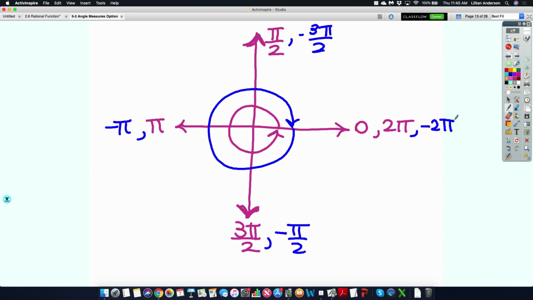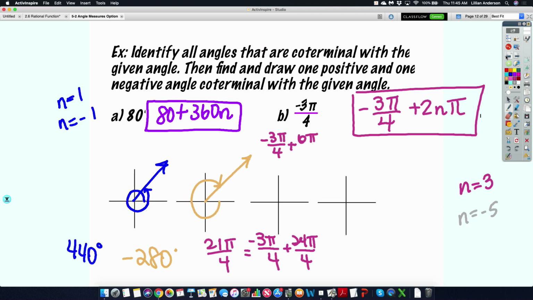So, negative 3 pi over 4 is in between what numbers? Negative pi and negative pi over 2. So, negative 1 and negative 1 half, right? That would be in the third quadrant.